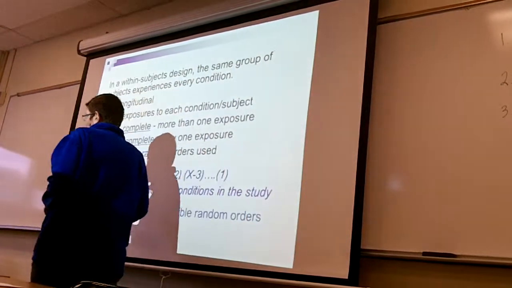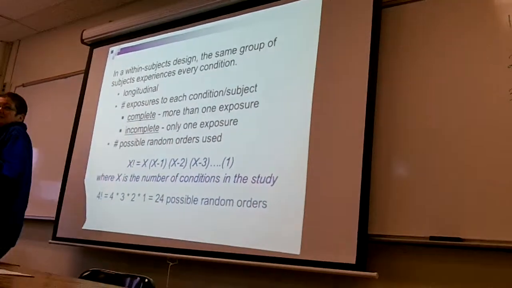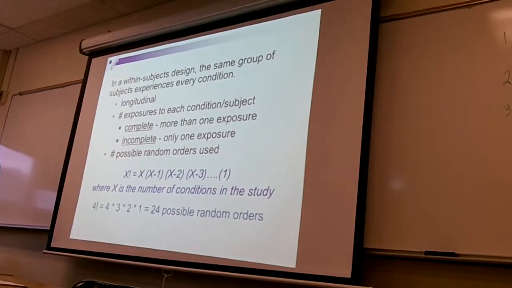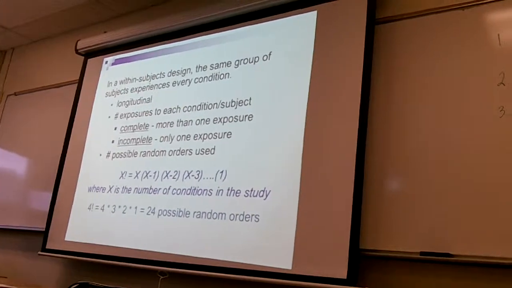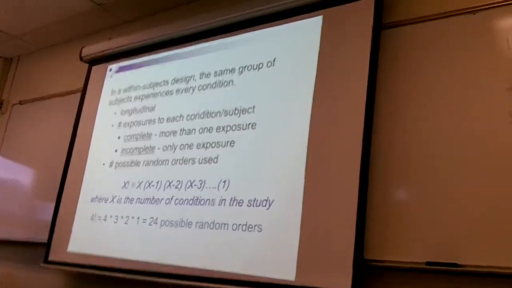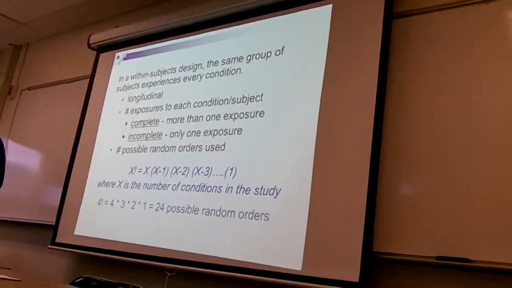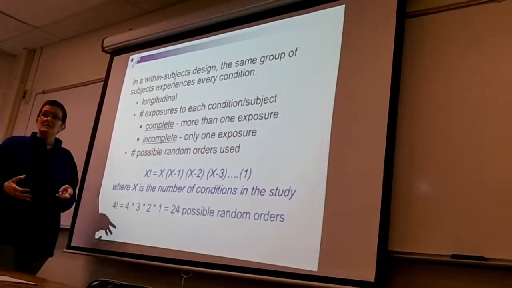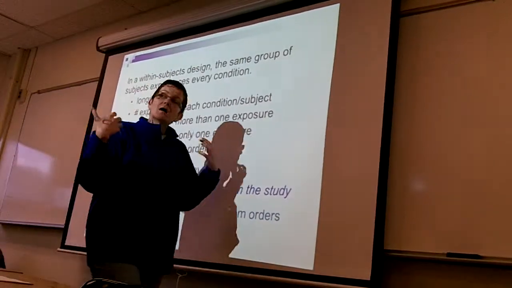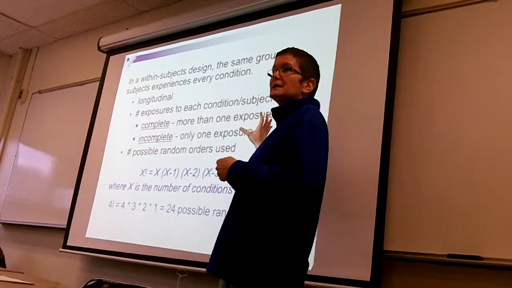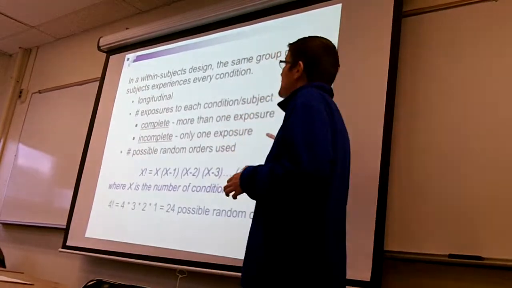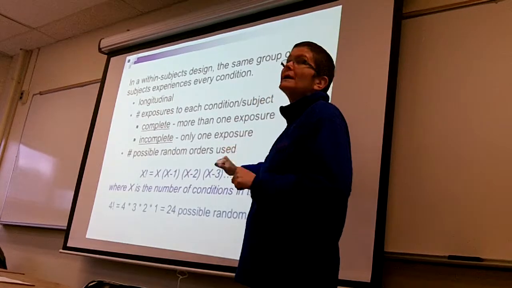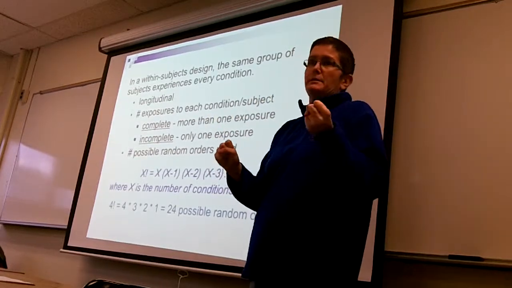Now, we describe between subjects designs in terms of whether you did random assignment alone to create the groups, whether you did matching first before you did random assignment, or whether you had a subject variable and the groups were naturally existing groups. When we talk about within subjects designs, we talk about whether the subjects had a complete or incomplete within subjects experience.